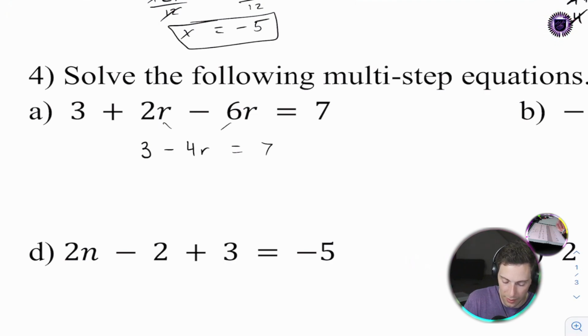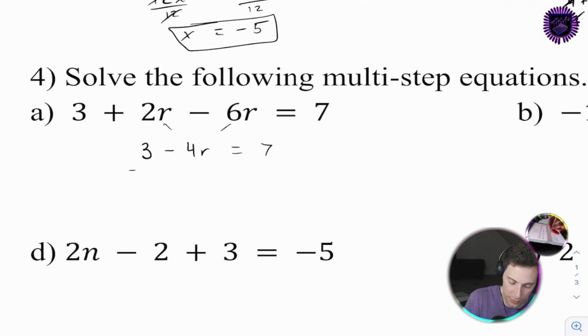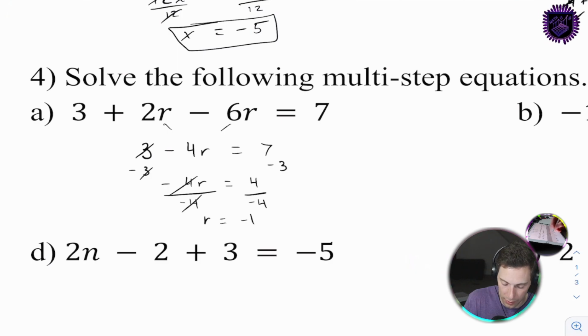Those two came together to create 4r minus 4r. So let's subtract 3 from both sides, canceling out here. So negative 4r is equal to 4. We can divide by negative 4, divide by negative 4 on both sides, canceling out. R is equal to negative 1.